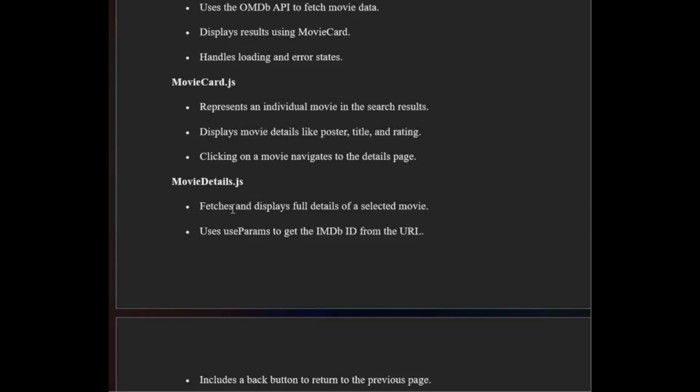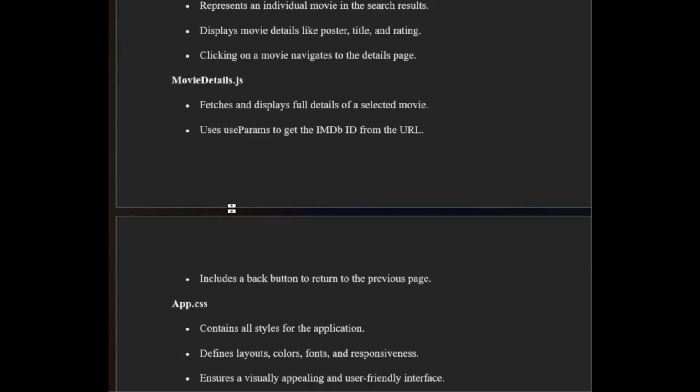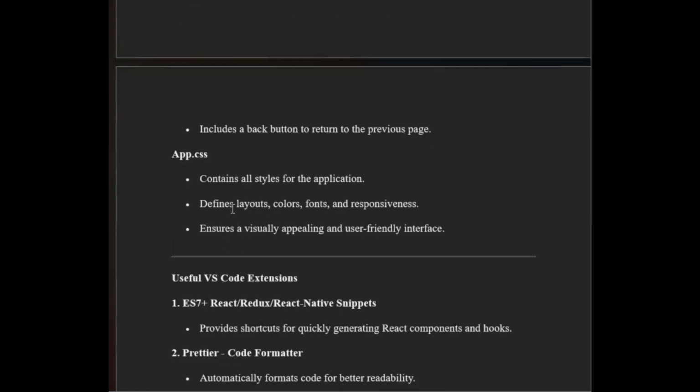The next page, movie details.js, fetches and displays the full movie data of the selected movie and uses params to get the IMDb ID from the URL. It includes the back button to return to the previous page, and app.css contains all the styles for the application, defining layout and color.